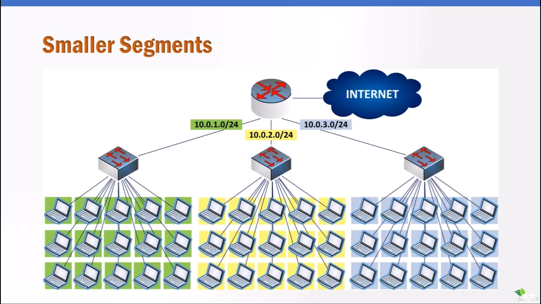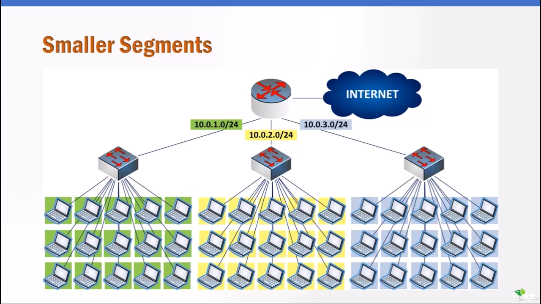So let's say that the green network interface is going to be 10.0.1.1, and then the yellow network interface is going to be 10.0.2.1, and the blue network interface is going to be 10.0.3.1. Now, the laptops can have, for example, this one can have 10.0.1.10, and this one can have 10.0.2.10.